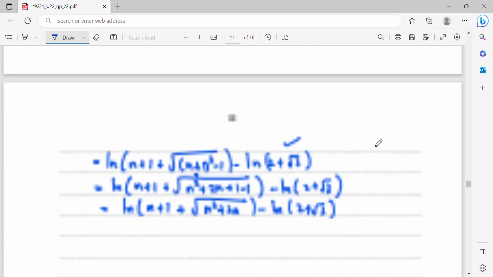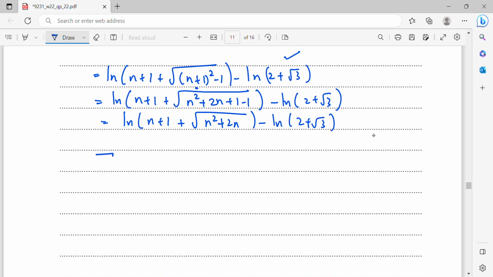So I may start with the actual sum less than the integration, less than the area under the curve.